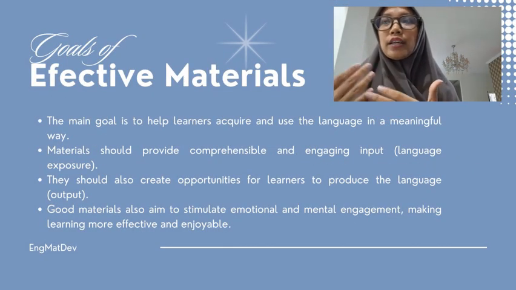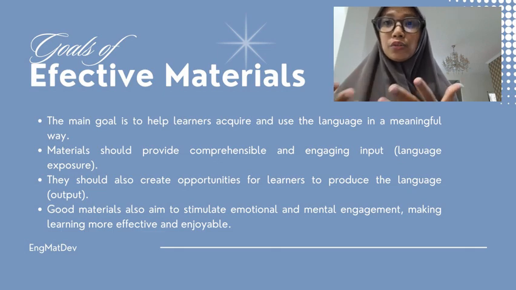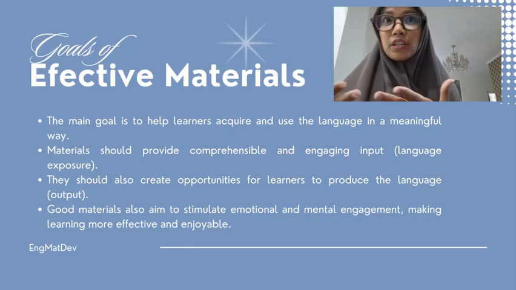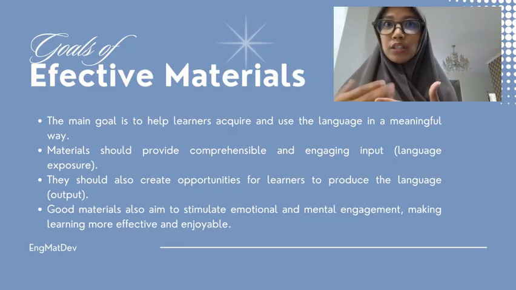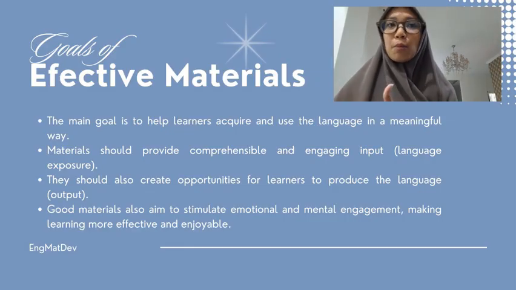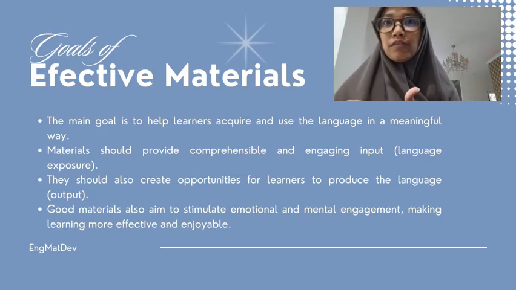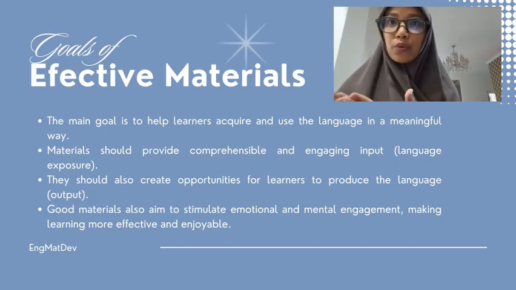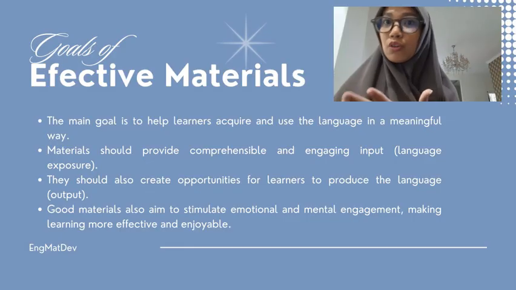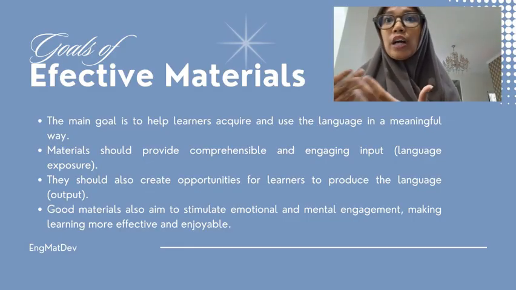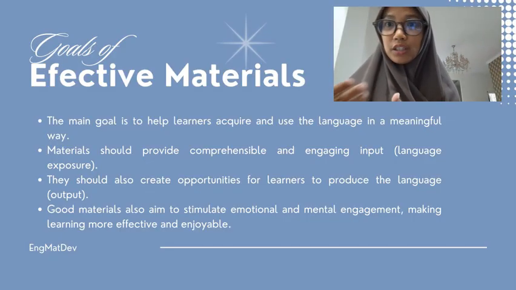And then in the next slide is the goals of effective materials. So what makes materials effective? The goal is to help learners use the language meaningfully. For example, a listening activity using a real phone call can help students understand real life English.